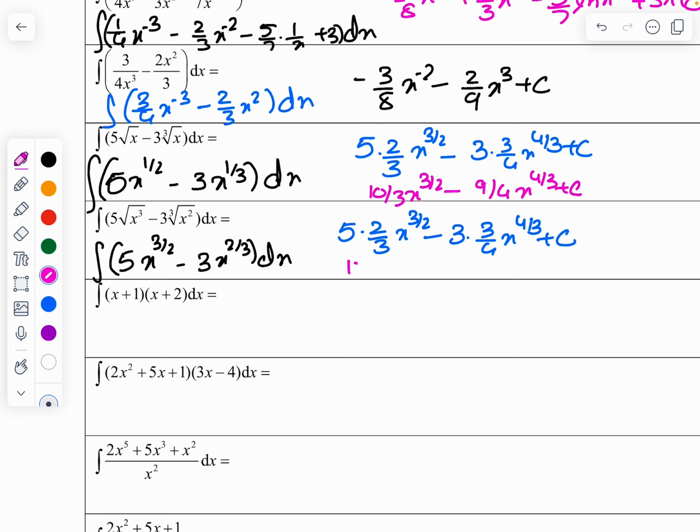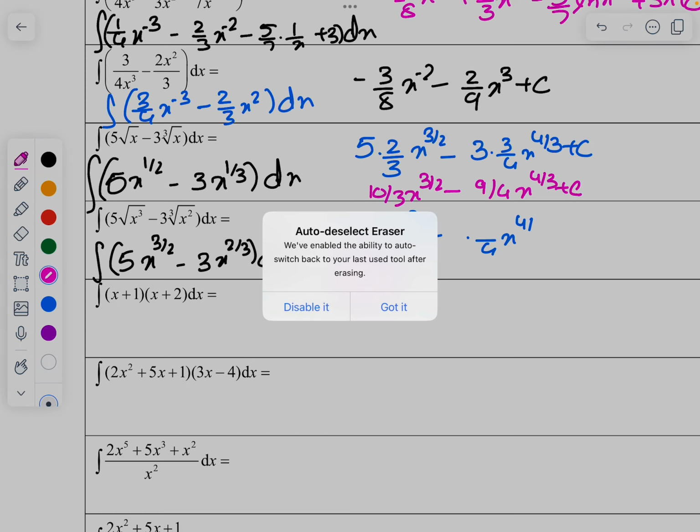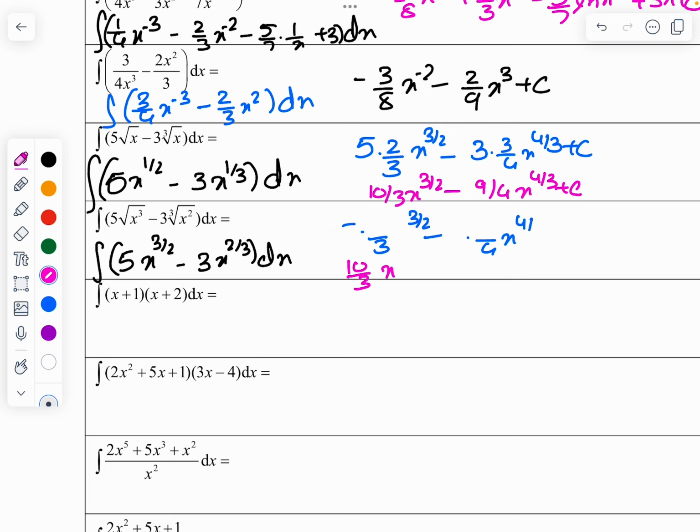So the answer becomes 10 upon 3 x power, so let me write out the answer over here again. 2 times x power 5 upon 2 minus 9 upon 5 x power 5 upon 3 plus c.